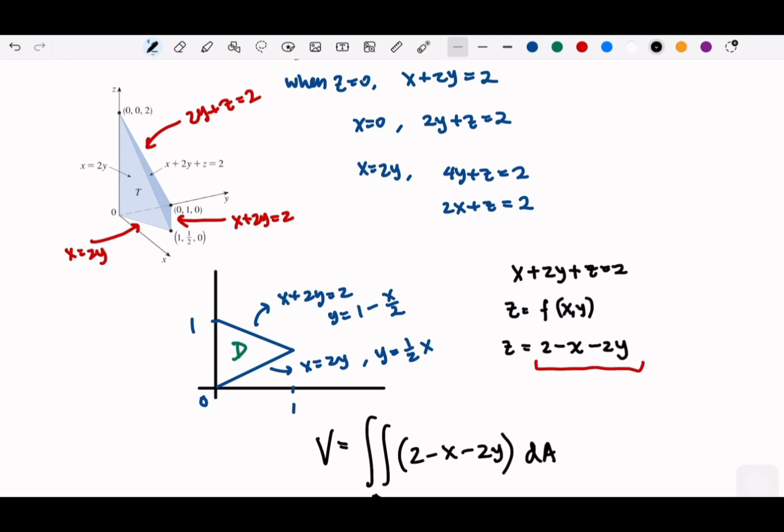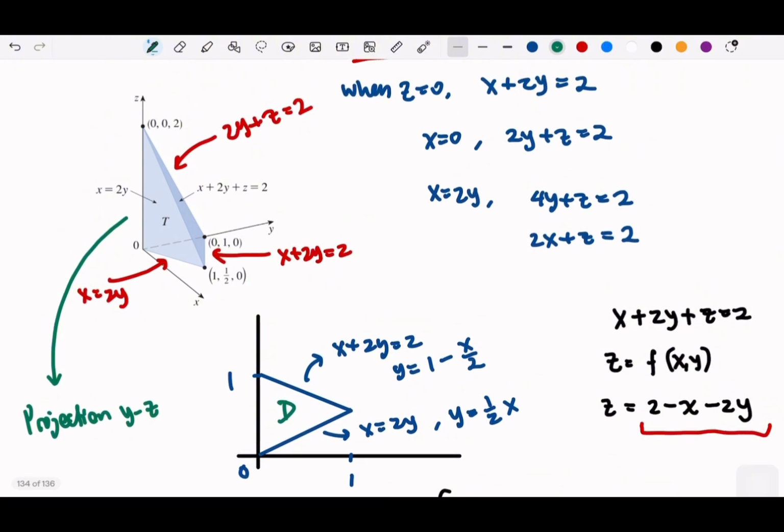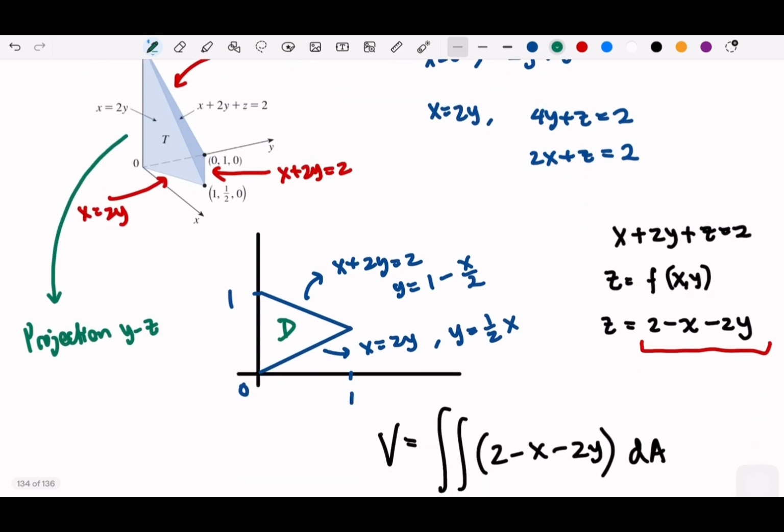For example, if we look at the YZ projection, we have this triangle here.